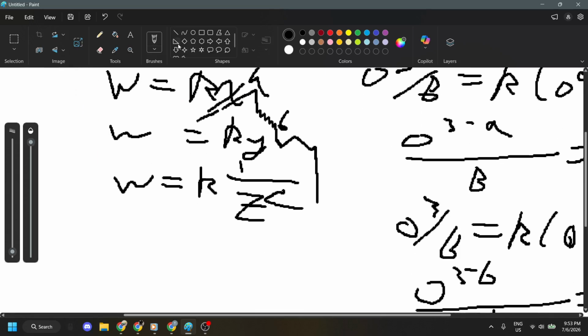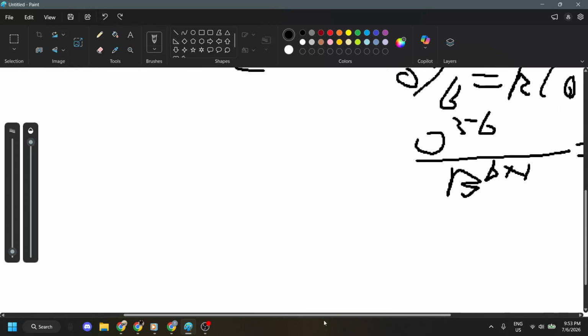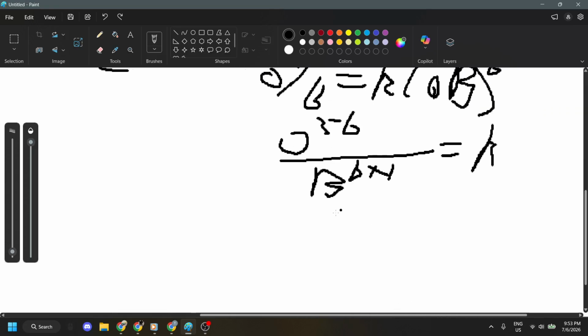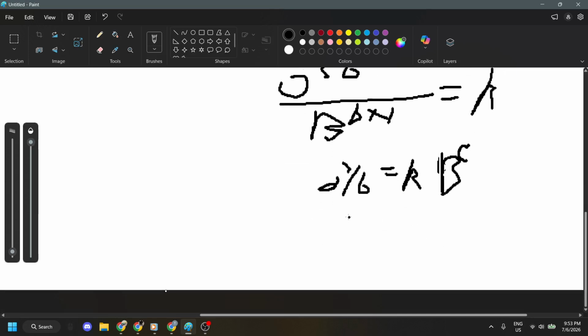Okay, so we have oingos cubed per boingo equal to k times boingos to the c. So now we just have oingos cubed over boingos to the c plus 1.